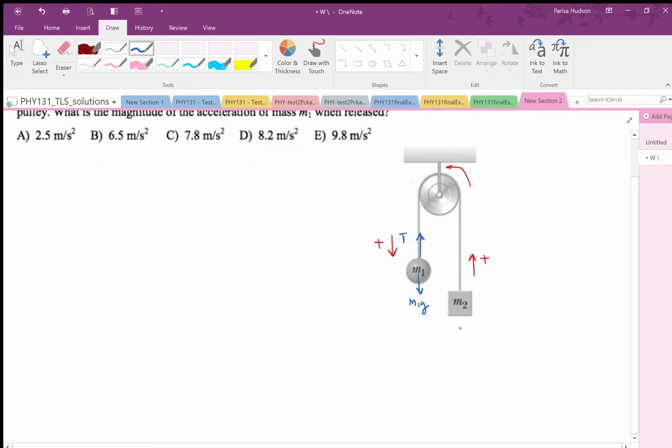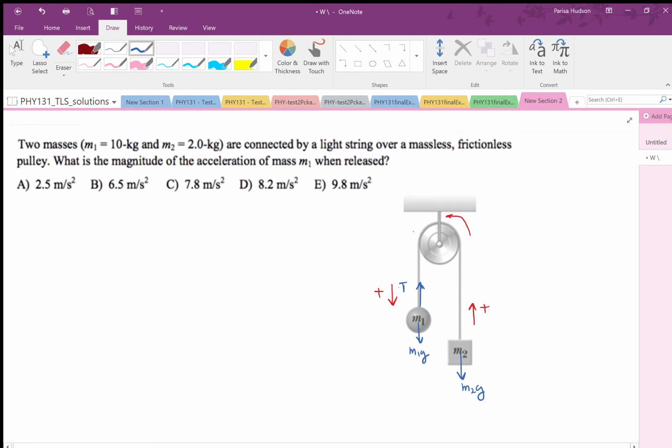Also, the Earth applies m2g to block m2, and the string applies the same tension force to object 2. It's the same tension as it acts on m1 because it's the same rope going over the pulley, and the pulley is massless. So step 1 was to draw the free body diagram.